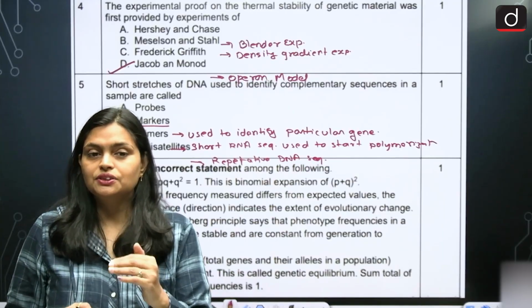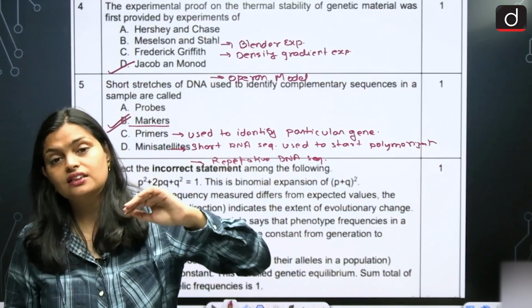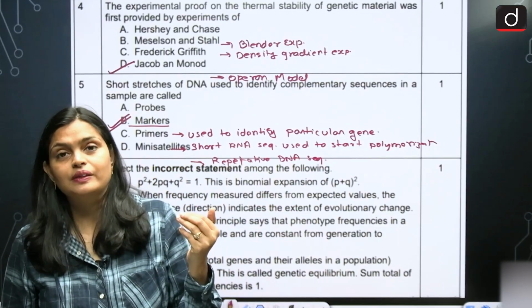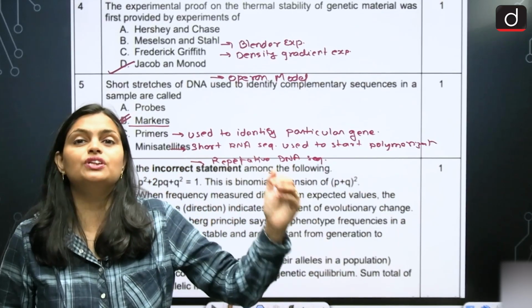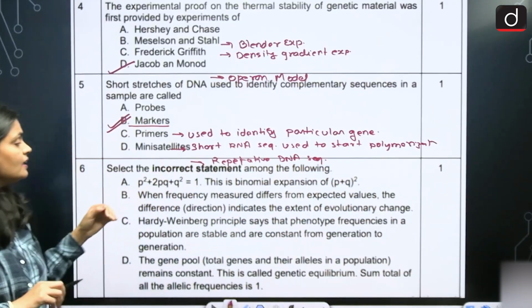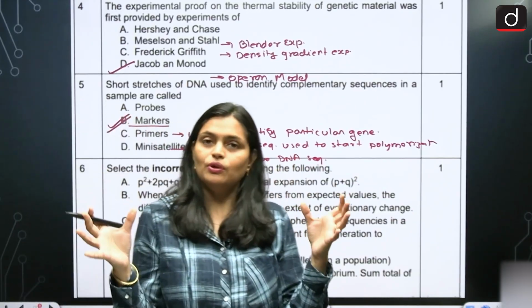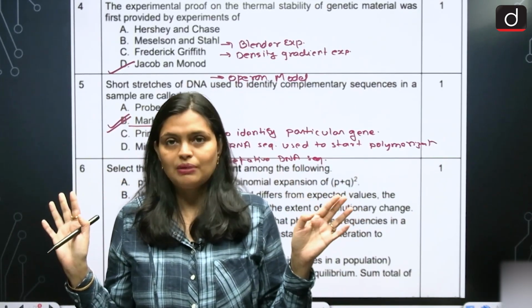So from one generation to the next, this allelic frequency and genotype frequency pass on. It means that it is constant, like suppose in a population everyone is having black hair.